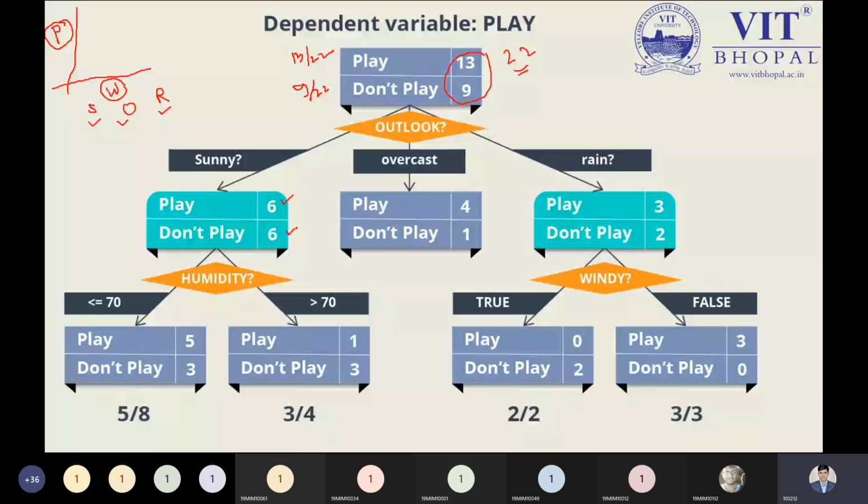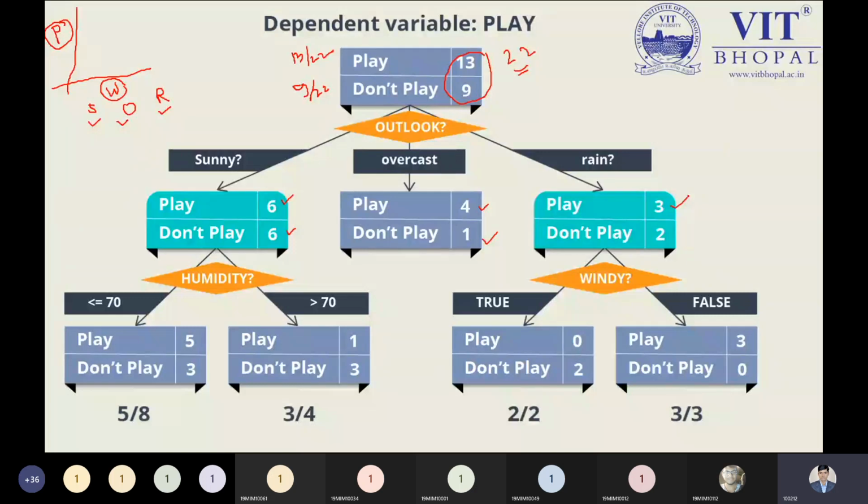This is the information we found here. If the weather is overcast, then 4 people are ready to play the game and one person is not ready to play. And if the weather is rainy, then only 3 people are ready to play the game, and the don't play people total two.